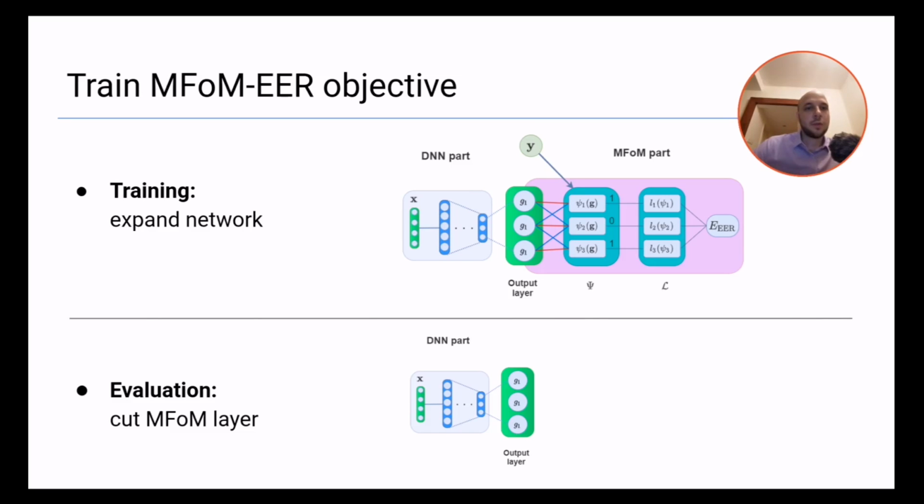So we train this using backpropagation. During the evaluation, we cut our MFOM part and we have only the DNN part, and we forward our samples and we get only output scores G.